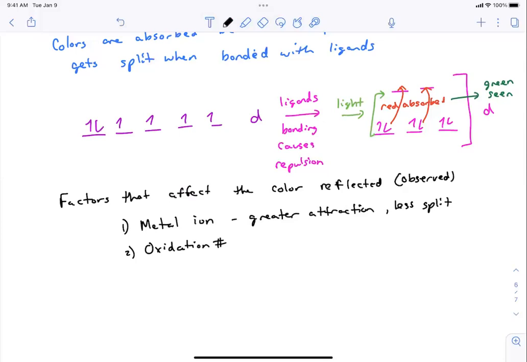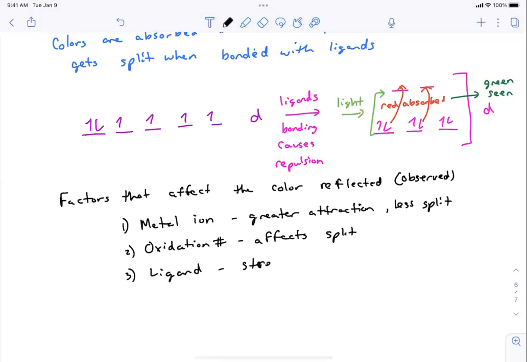The oxidation number affects the split here as well. I don't want to say there's a general trend here, but it affects the splitting. And last is the ligand. The strength of the ligand is listed in the data booklet.